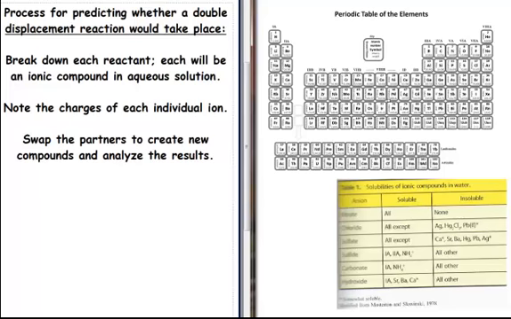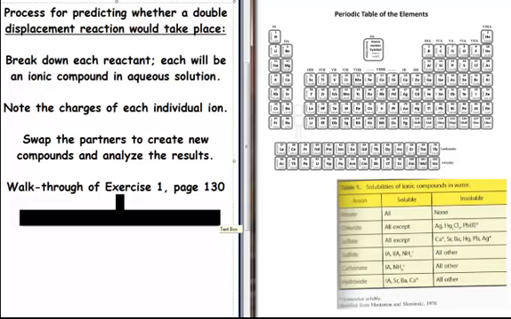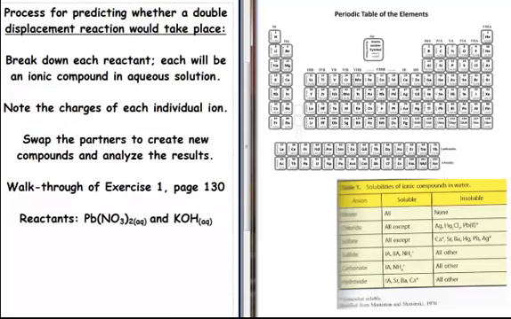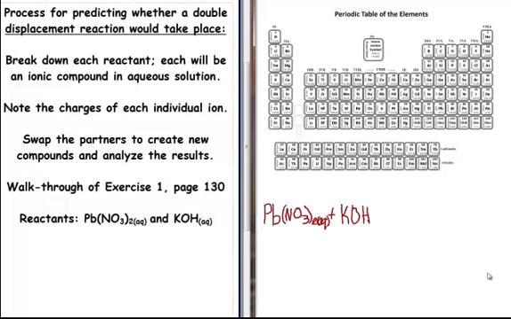Let's do a quick walkthrough of exercise 1, page 130. The reactants are lead nitrate and potassium hydroxide. Remember, first we break down each reactant, noting the charges of each ion. Normally you'd write this all in one line, but I was going to run out of room. So you see we have lead with a +2 charge, and nitrate with a -1 charge.